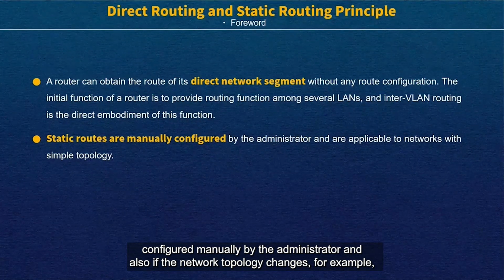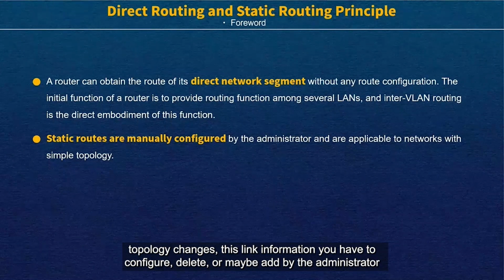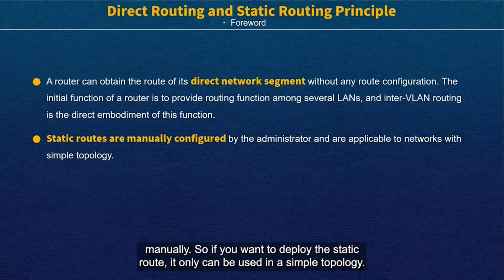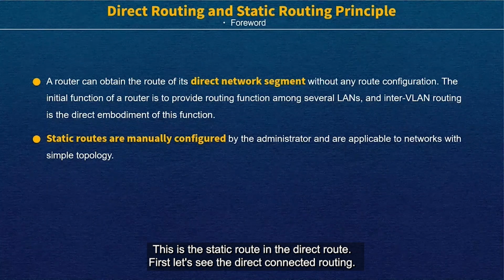And if the network topology changes, for example you add some link, delete some link, or some device is broken, this link information has to be configured, deleted, or added by the administrator manually. So the static route can only be used in a simple topology. This is the static route and the direct route.